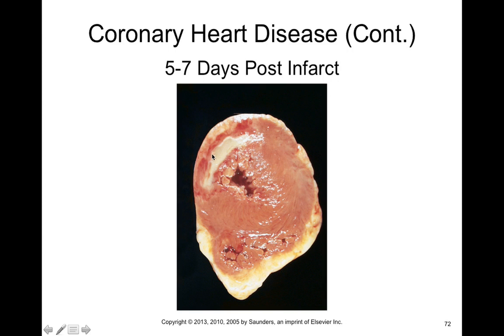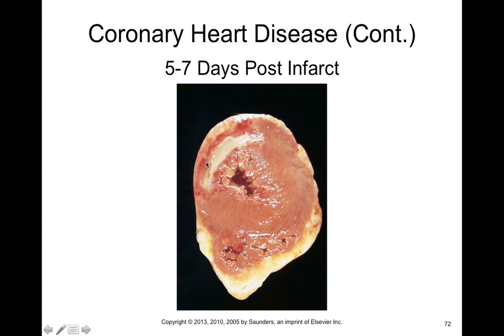Now, this is an area of necrosis that has occurred in this particular myocardial infarct, and you can see that in an area nearby, the tissue isn't necessarily blanched or pale. It just looks more erythematous, or red, which is more indicative of an inflammatory reaction that you would find nearby that zone of necrosis.